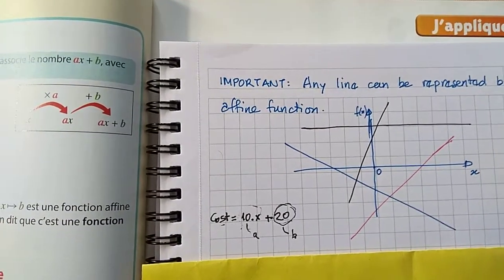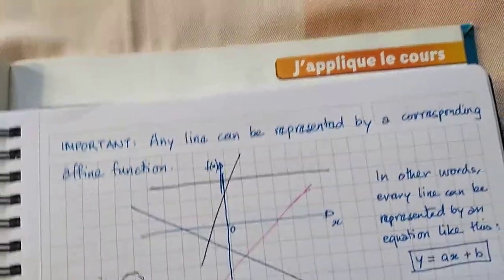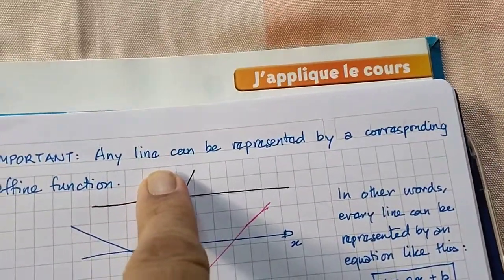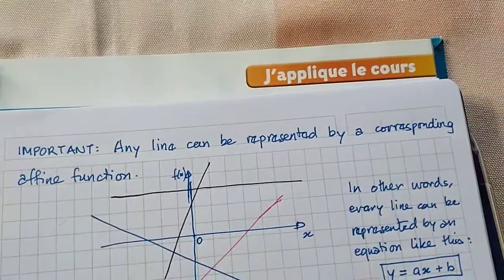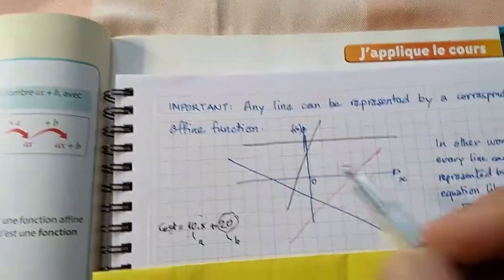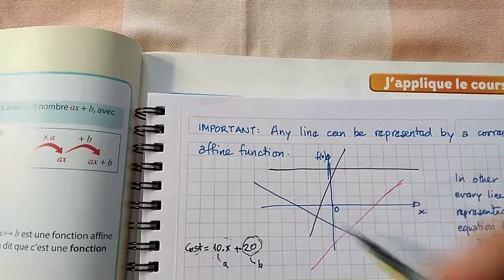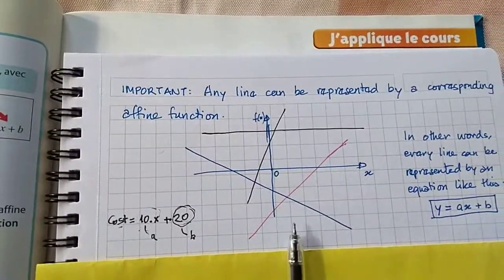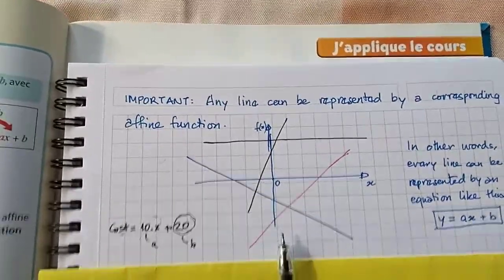Okay, so now the other interesting point is that any line can be represented by a corresponding affine function. That means if you draw a line in a system of coordinates like this, where this is my x-axis, this is my y-axis, I draw any line, that line can be written as a corresponding affine function.